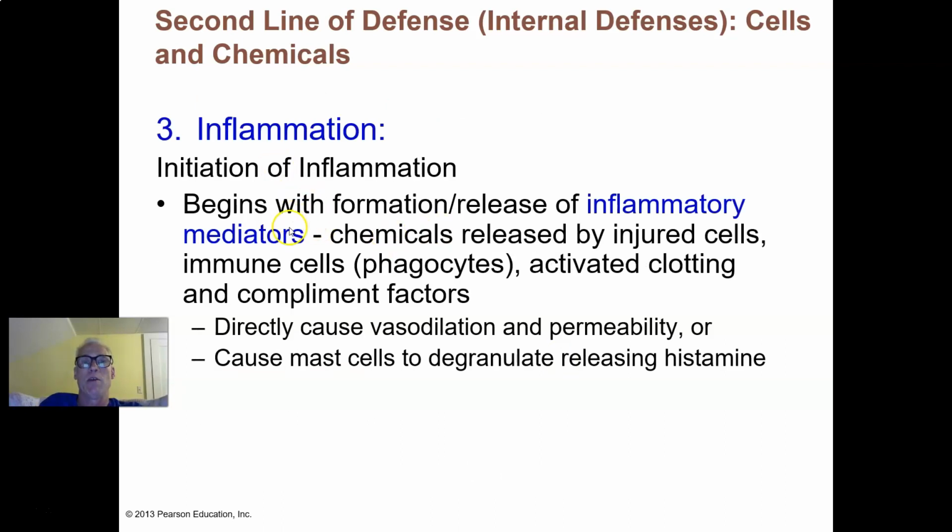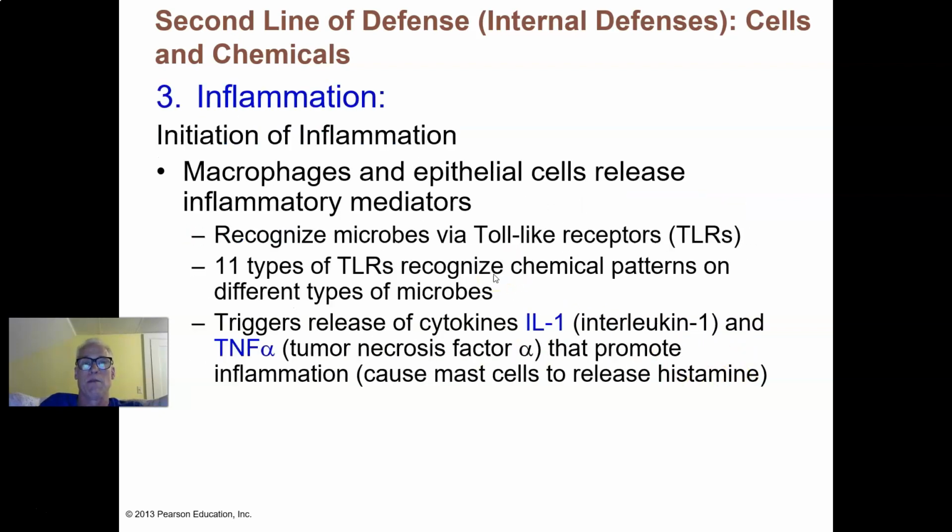So inflammatory mediators or chemicals are released by injured cells or by phagocytes, by mast cells. And those agents cause vasodilation and increase permeability of blood capillaries, and mast cells are going to release their histamine, which joins in with that process, and we're going to have inflammation. So again, we're right back to thinking about how does this start?